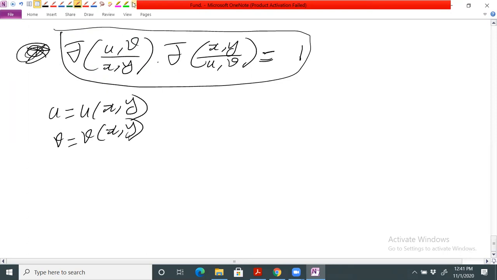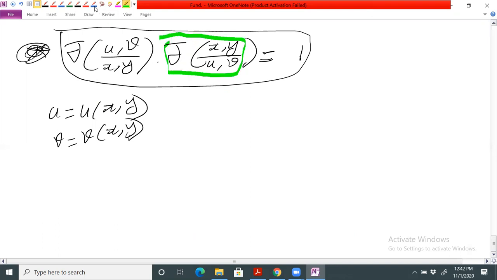But when it comes to the second factor, x and y must be functions of u and v. Then only we can find this Jacobian. But they will not provide x, y in terms of u and v variables.